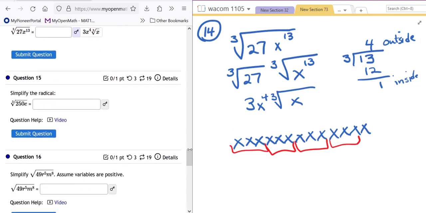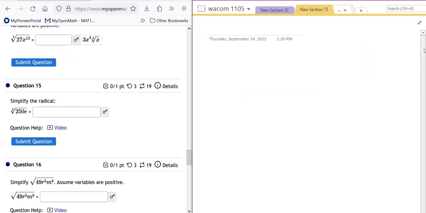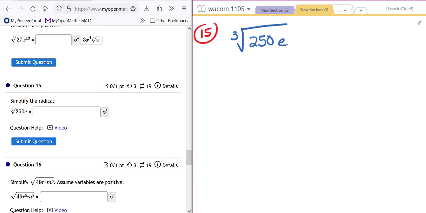All right, we'll try some more of these. So for 15, we're going to do cube root of 250e, which is just e to the first. We're just going to consider it a variable, not our e like we would have in the calculator. All right.